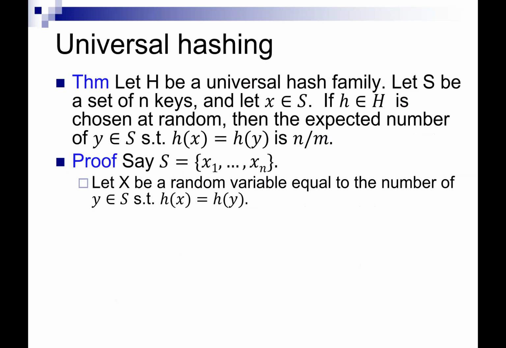Now suppose you have a universal hash family. We're going to prove some properties about this, and then we're going to talk later about how you actually construct a universal hash family.